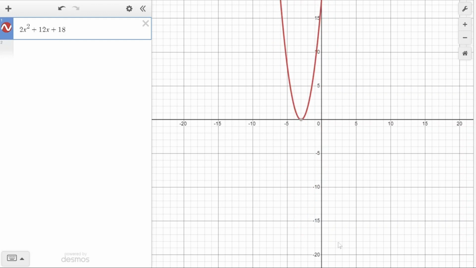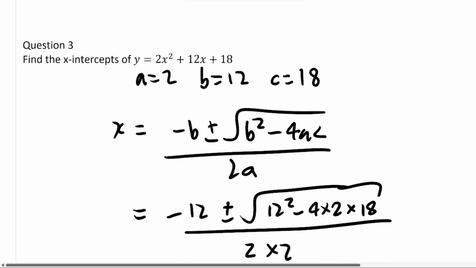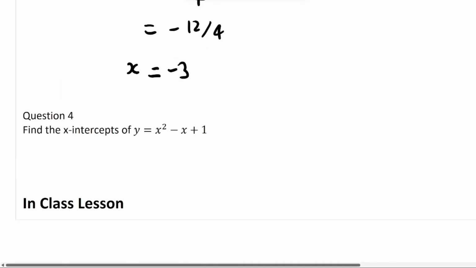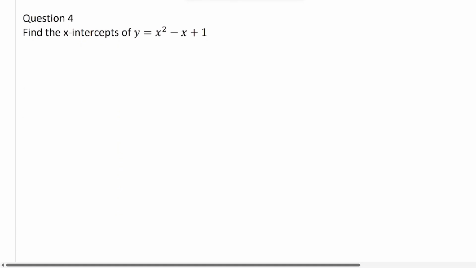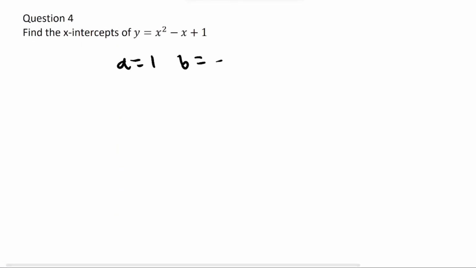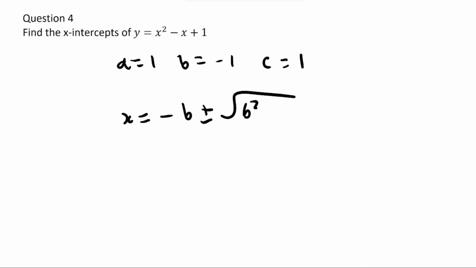So let's see an example of where it has no x-intercepts. x squared take x plus 1. So you're going to get a equals 1, b equals minus 1, c equals 1. So x equals minus b plus or minus square root of b squared take 4ac over 2a. That's the quadratic formula. We'll plug in our numbers.